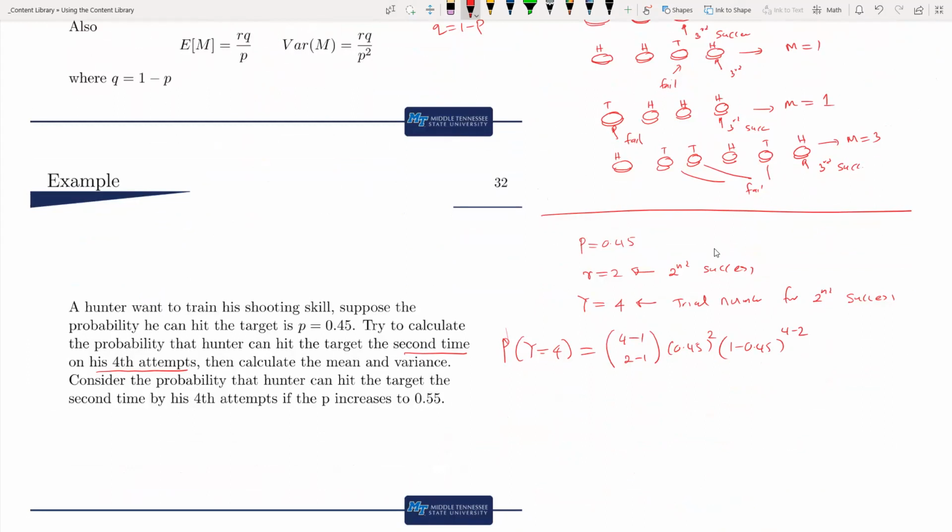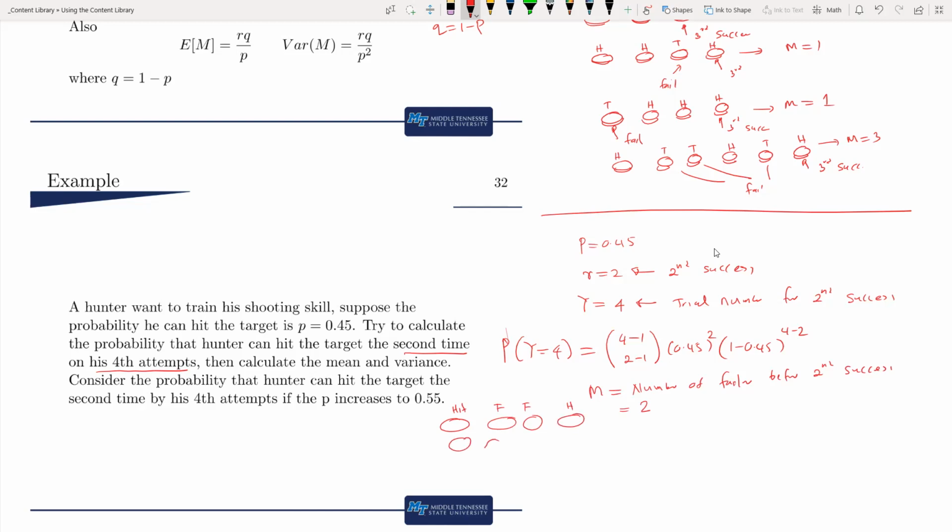Now, if you want to use the first parameterization using M, M is the number of failures before the second success. We need the second success to occur in the fourth attempt, so there should be exactly 2 failures before that. So M should be 2. For example, you can have first one hit, then a failure, and the fourth one is a hit.